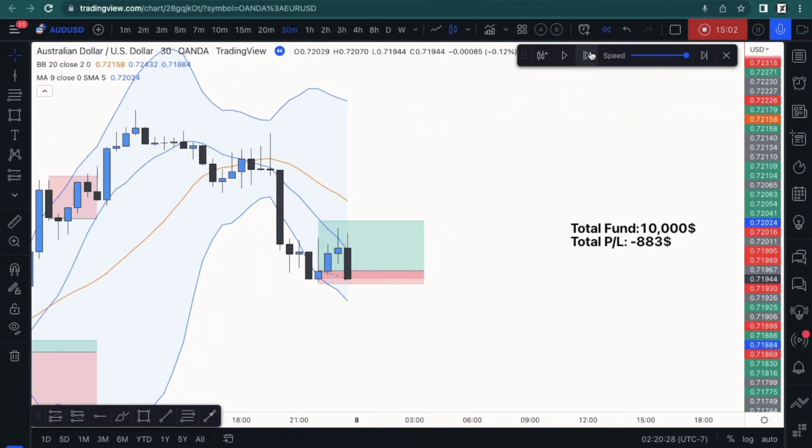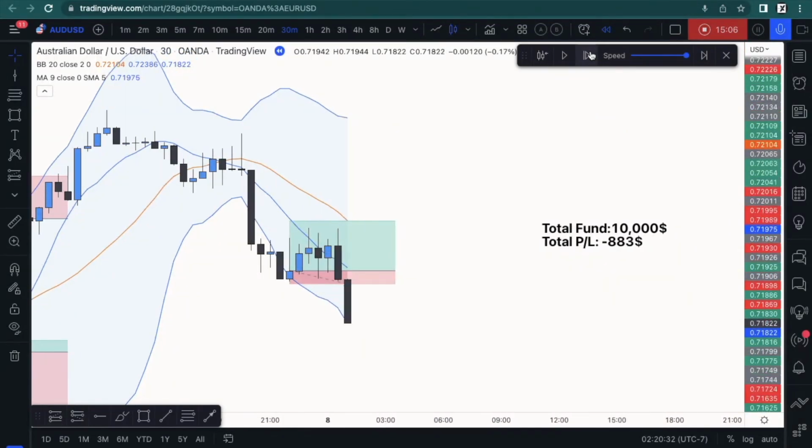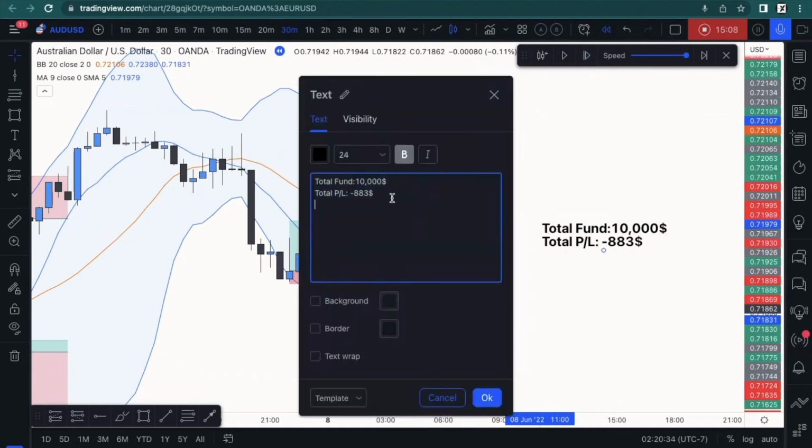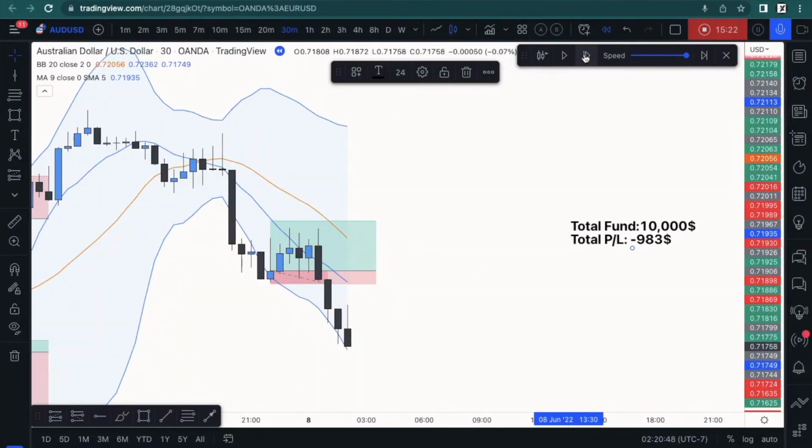Wow, oh my god. So, okay, that's another loss. So total loss of $983. So we are already at 8th June. Okay, we are deeply in trouble.